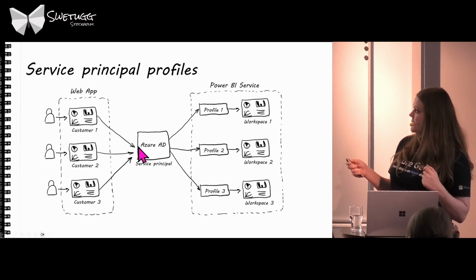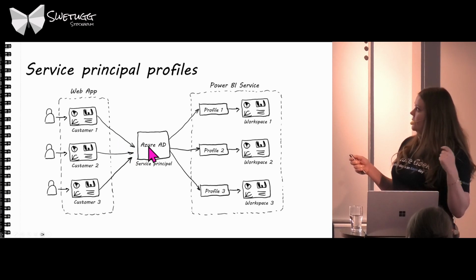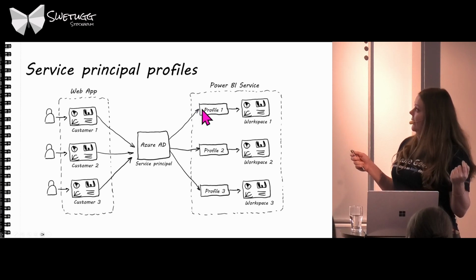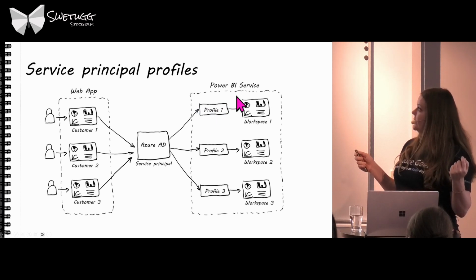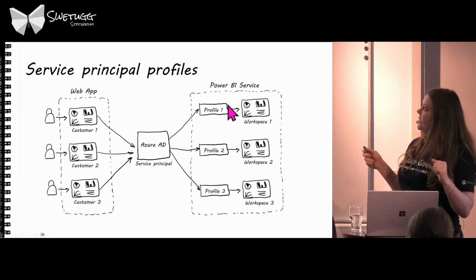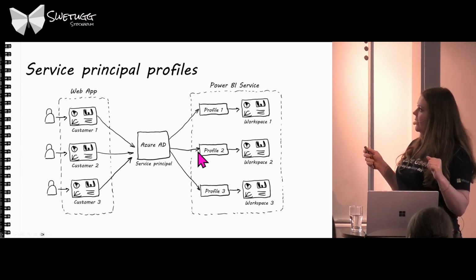So you have one service principal, and as soon as you add a new customer, a new organization, you create a service principal profile for this customer, and then this profile creates workspaces and reports and all this content, and only this profile has access to this content. Even if they share the same service principal, service principal profiles have different permissions.